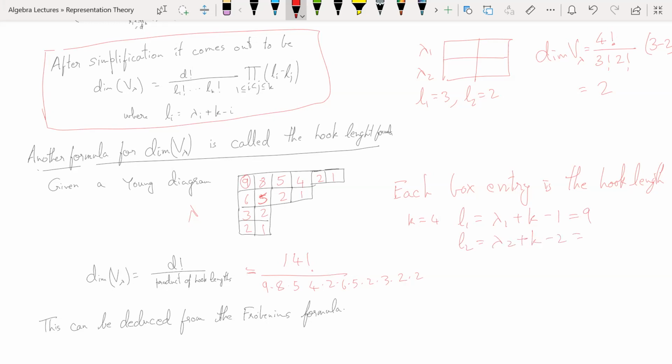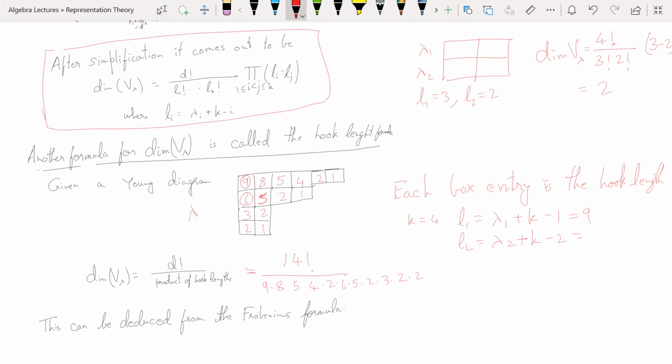You can check L2 is going to be this entry, the length of this row plus K minus 2.